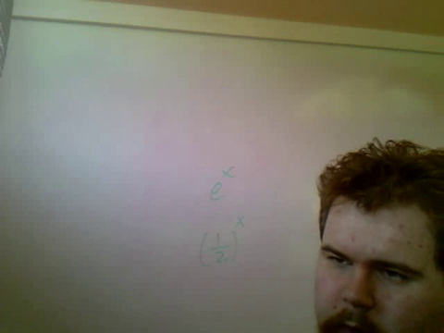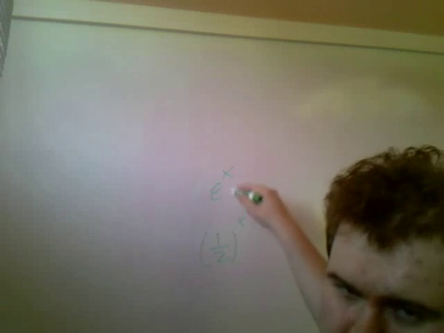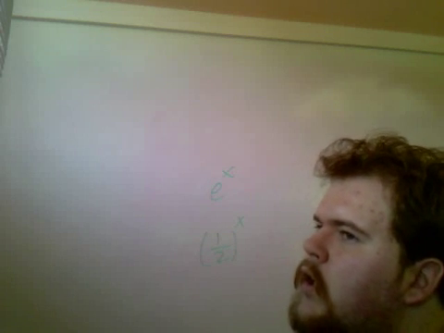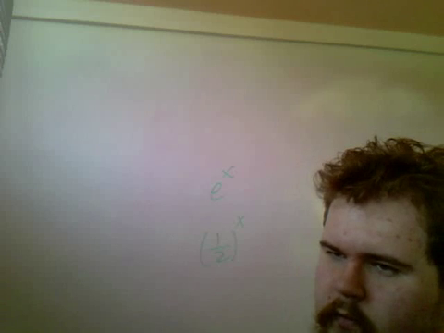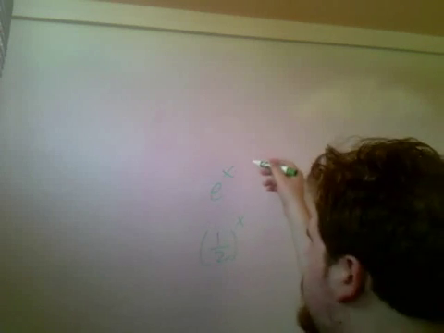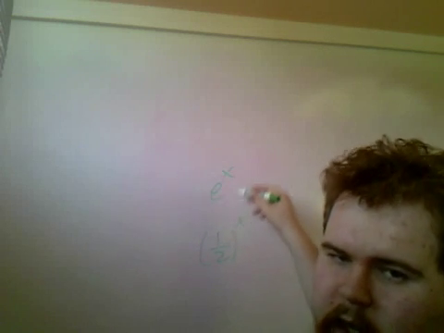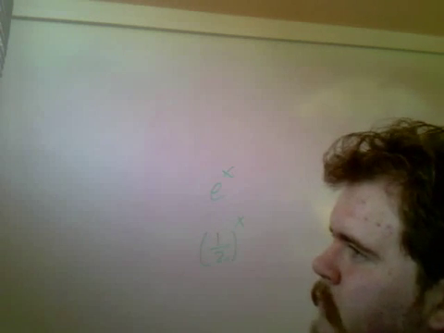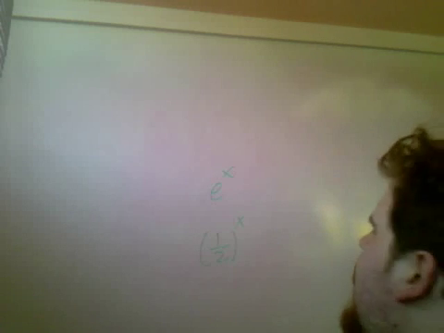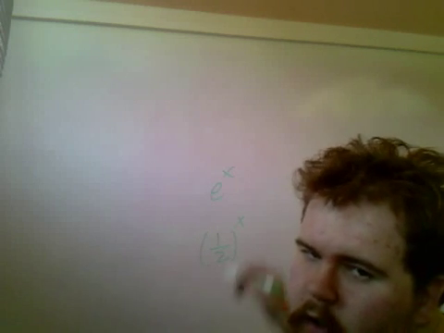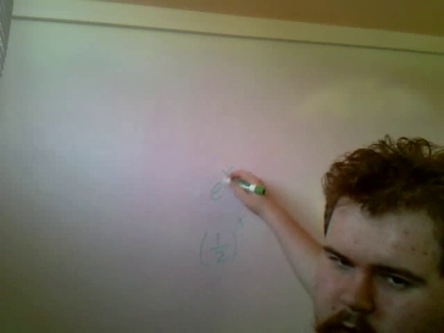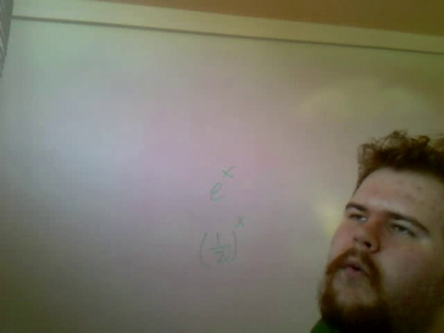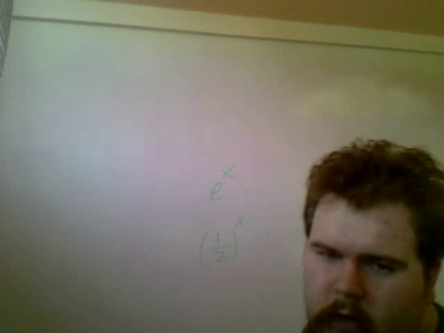The other behavior is for numbers greater than 1, and they approach 1 as x goes to 0, just like these do, except when x is greater than 0, they get bigger and bigger and bigger. Now, when x is a negative number, these values which are greater than 1 get less than 1.